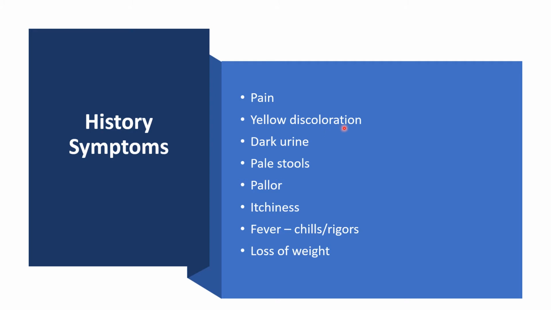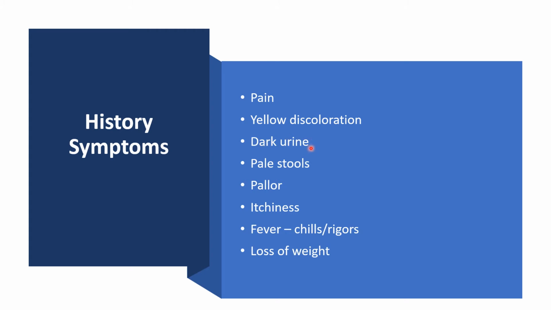Then there's jaundice, yellow discoloration, which I've already mentioned, due to increased levels of conjugated bilirubin in the blood. Dark urine: high levels of conjugated bilirubin are excreted in the urine.